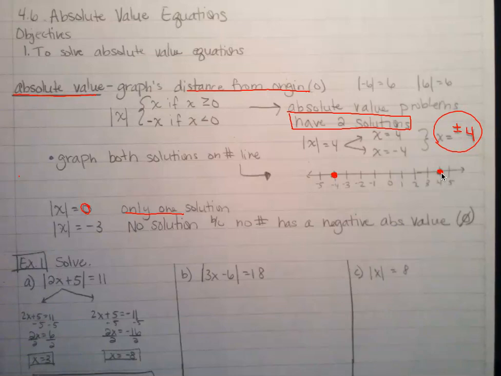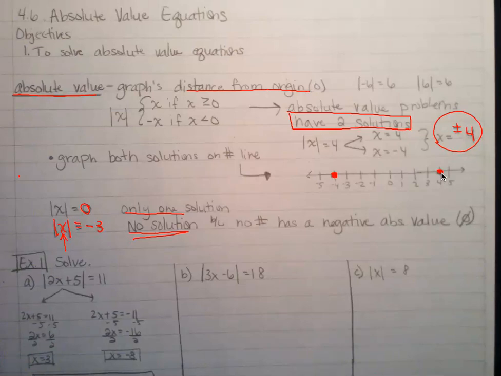How about this one? The absolute value of x, pardon me, equals -3. That one has no solution because there is no number that has a negative absolute value. There's no number I can put inside here and take the absolute value of it and actually get a negative number.